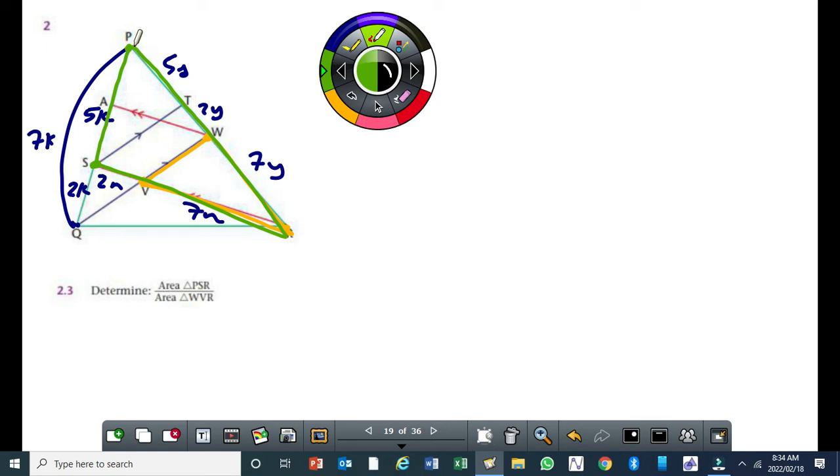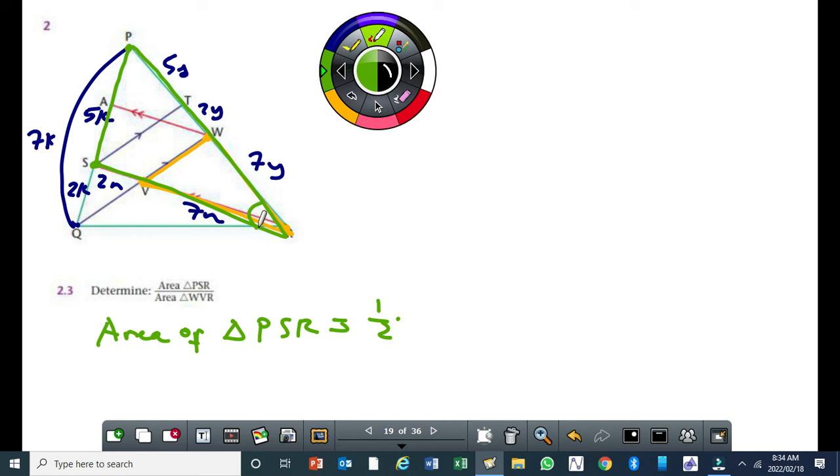Okay? So, we'll say area of triangle PSR is going to be equal to half times. Now here our angle is this one. That's the common angle. Angle what?